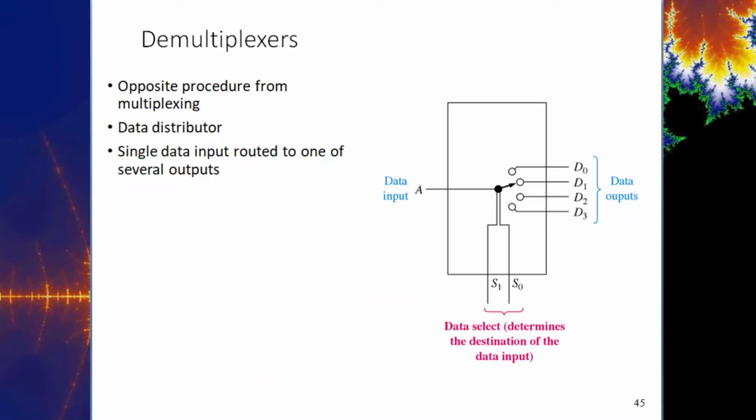So now let's talk about the opposite of the multiplexer, the demultiplexer. So it's the opposite procedure from multiplexing. When I think about this, it's like choosing a contact on your phone to call or text. So you are the input, right? If I was talking to someone on the phone, my voice is the input.